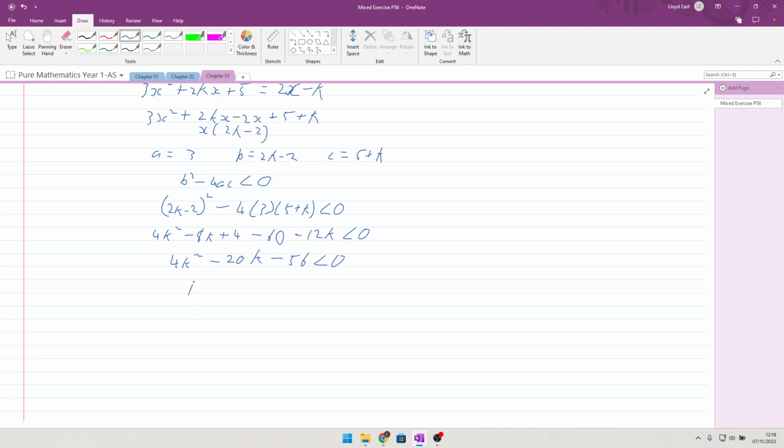And we have k is equal to 7, and k is equal to minus 2.